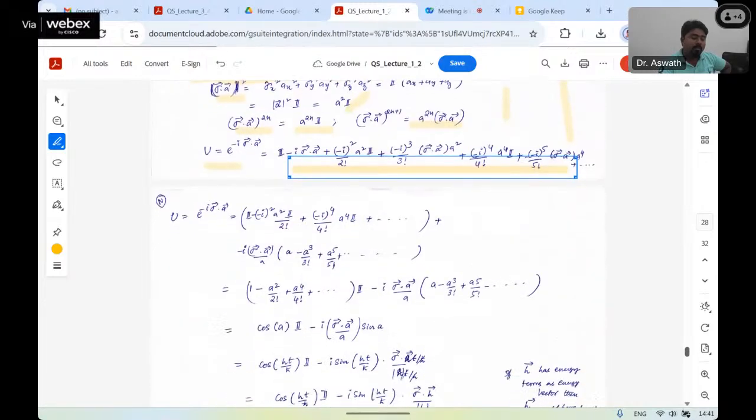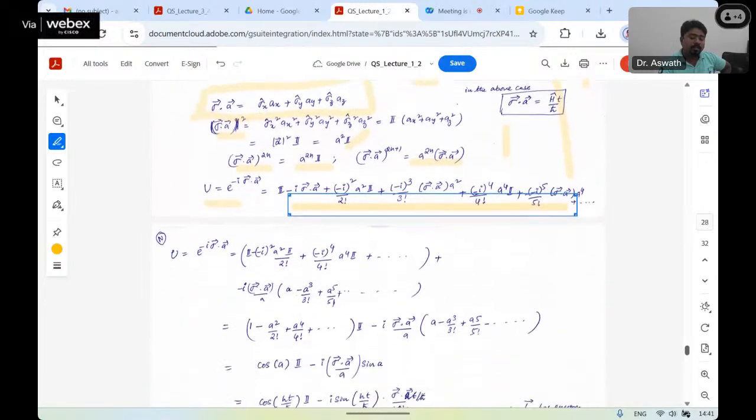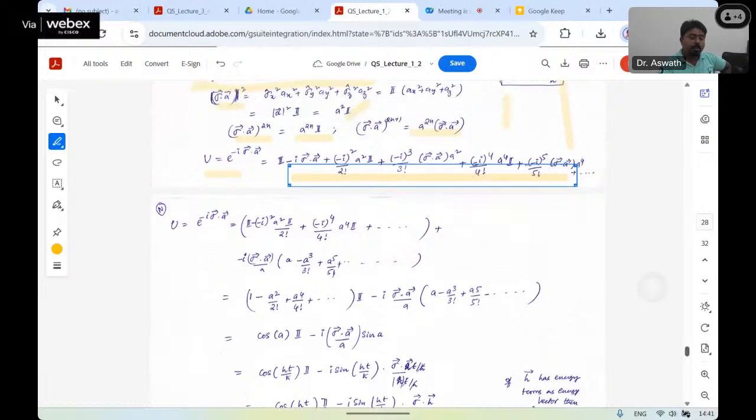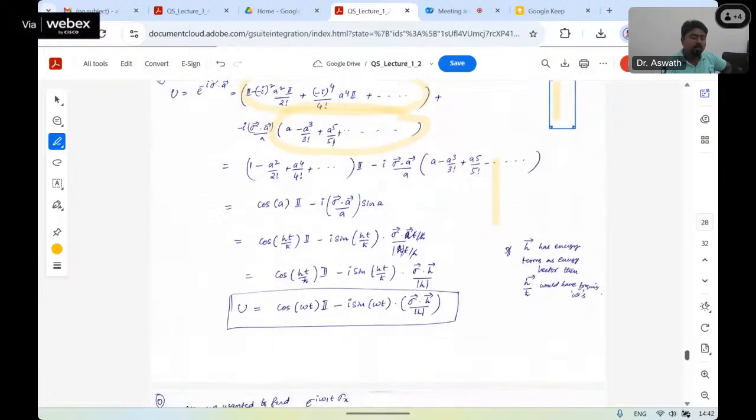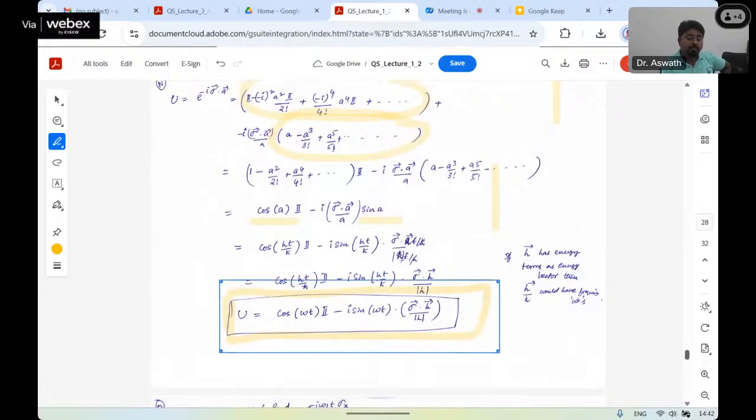After writing that, I can separate it into two parts. Interestingly, the first part is the cos function and the second part is the sine function. That is the unitary operator which I have for any given H.